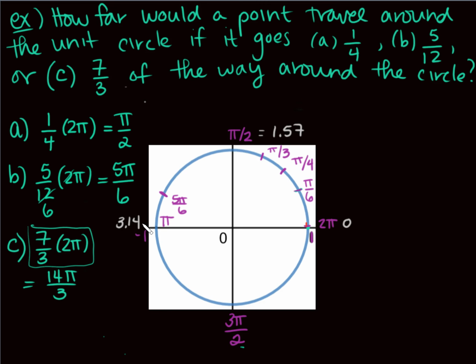If I take 3.14 and add 1.57 to it, or just multiply pi by 3/2, I get about 4.71. And then if I take 2 times pi, so these are tangible numbers, it's about 6.28. Those are numbers that mean more to us, right?